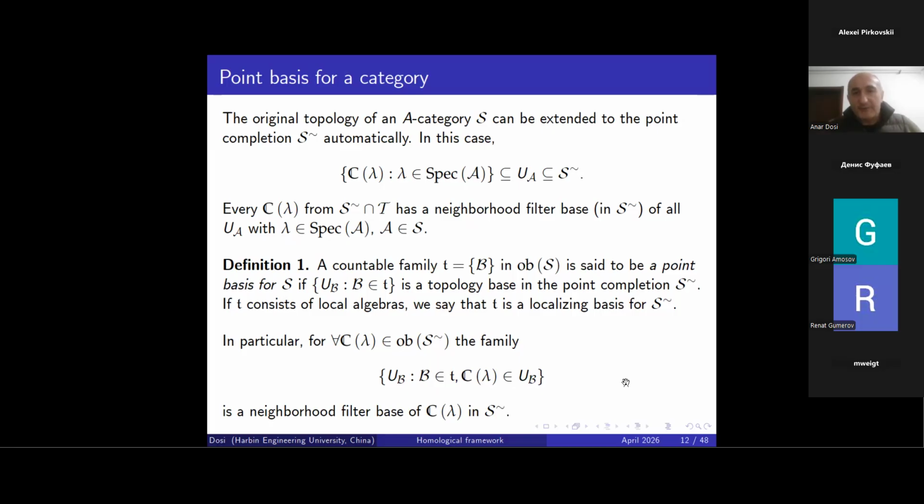This is a neighborhood filter base. So just a topology base, nothing else, just in the point completion. For me, it's important that points, lambdas, have a topology base like that. For example, you can get intersections, you can get closer to that point lambda.